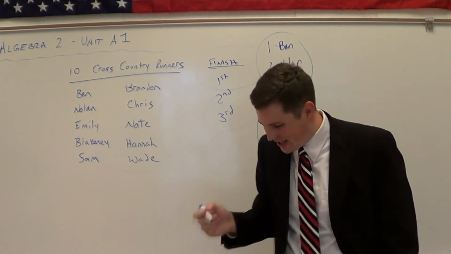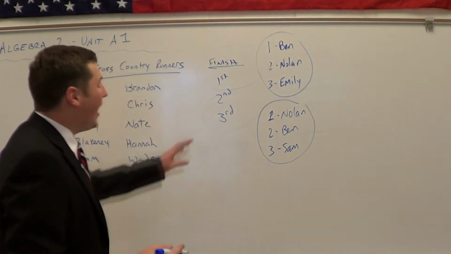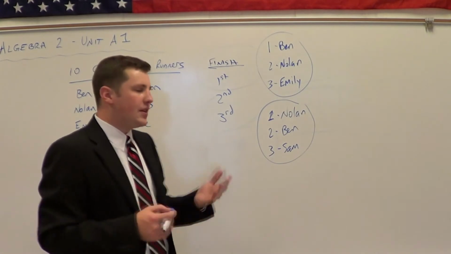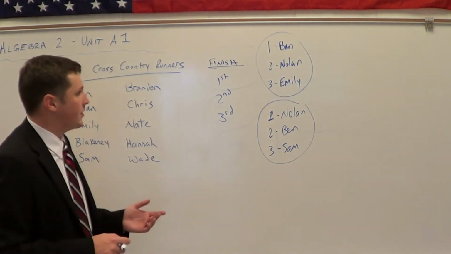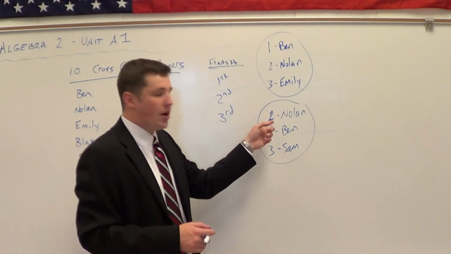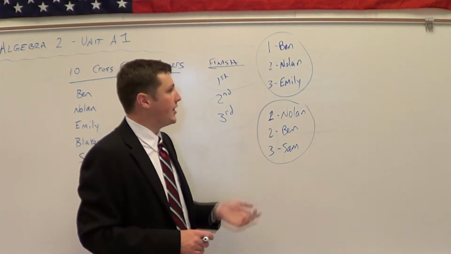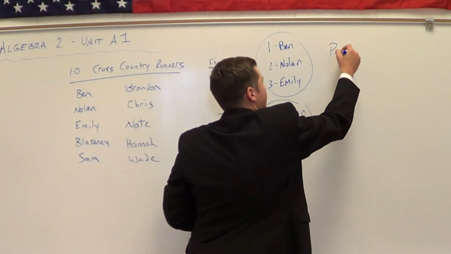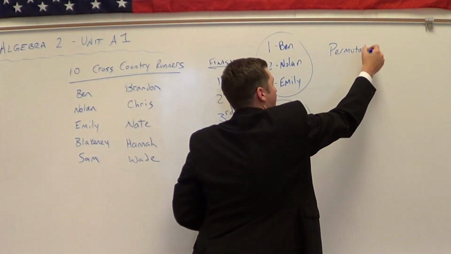There's a lot of different ones we'd have to go through. That's just 2 of a bunch. So I think this is another case where order matters. If Ben comes in first, that's different from this one, where Nolan came in first. So the order that they finish really does matter. So I know that this again will be a permutation because order matters.